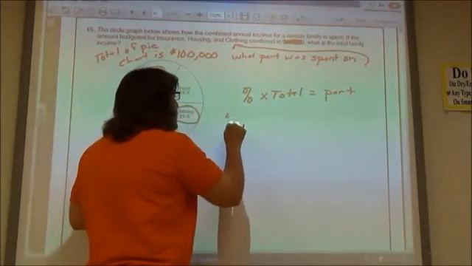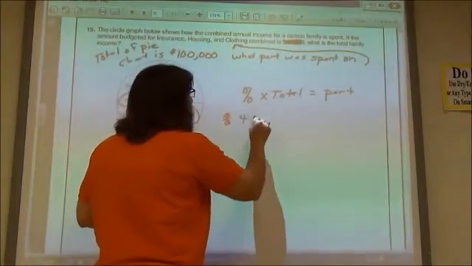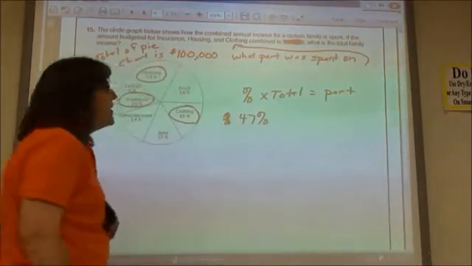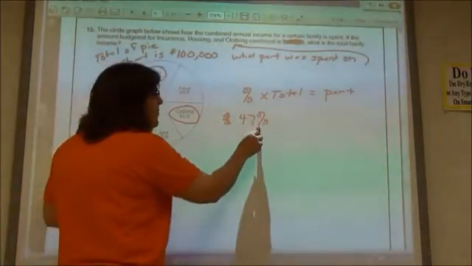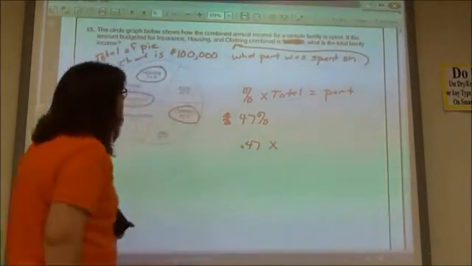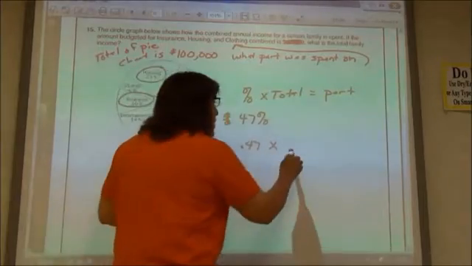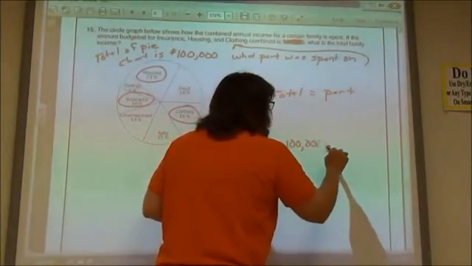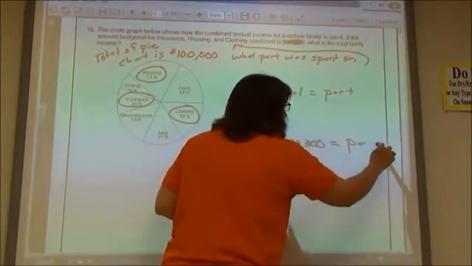I suppose I should write 47% out first. 47% as a decimal, we move the decimal 2 places, so 0.47 times my total. My total, 100,000, is equal to my part.